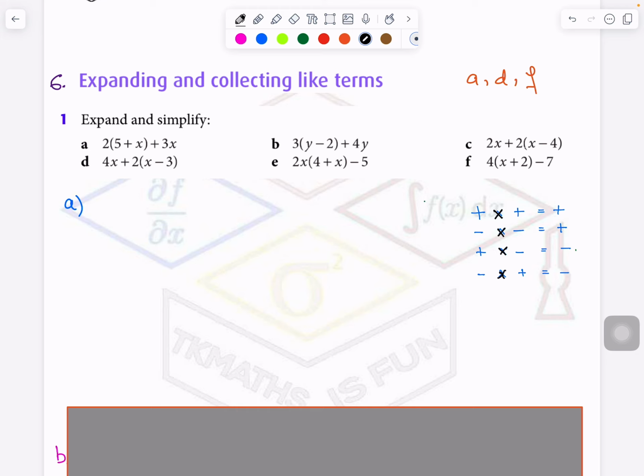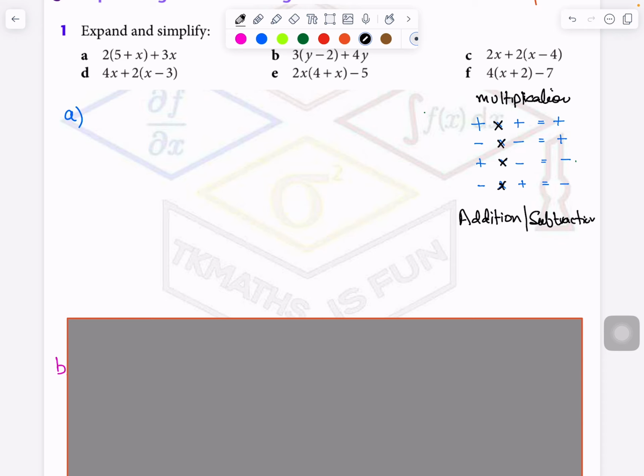Let me write here specifically the multiplication rules. And now the addition rule. Either you call it addition or subtraction. So what do I mean by this? For example, -2 -3.